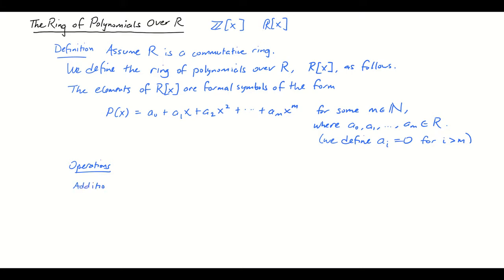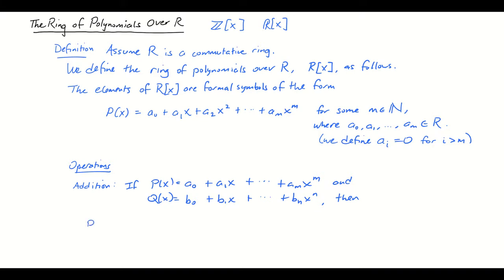To define addition, if P(x) is equal to a0 plus a1x plus up through am x to the m, and Q(x) is equal to b0 plus b1x, and so on, up through bn x to the n, then how do I add those? Well, I add those the way that we usually add polynomials, which is by adding like terms.